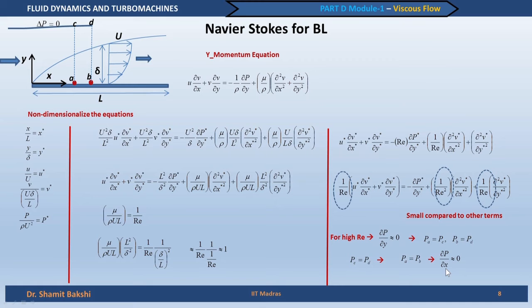So del P by del x is 0 for a flow over a flat plate, and this has a very important implication which we will see in our next lecture, that pressure gradient has a very important role to play particularly with relation to viscous flows. So we will see how that happens.